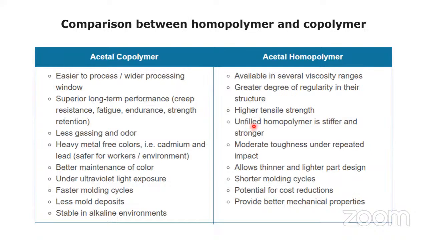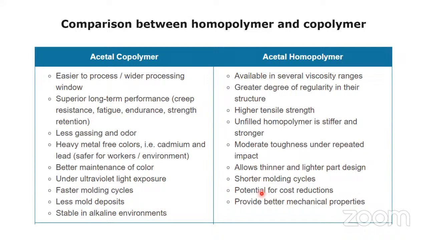Similarly, if you see the homopolymer acetals, they have a higher tensile strength. Unfilled homopolymer is stiffer and stronger. Whatever is filled means your composite. If you have unfilled homopolymer, it shows stiffer and stronger nature. Then moderate toughness under repeated impact.